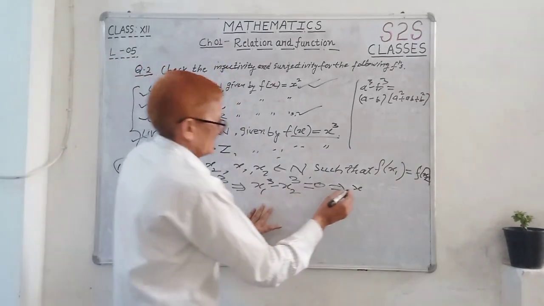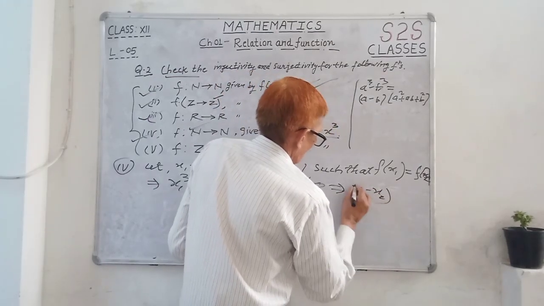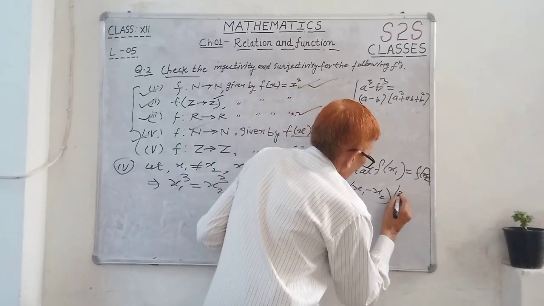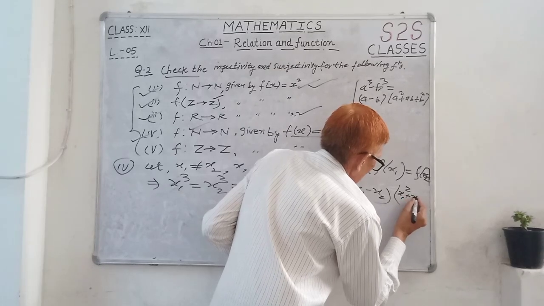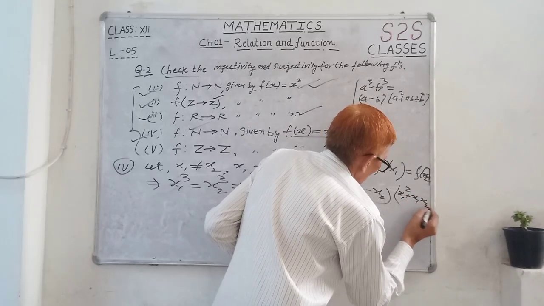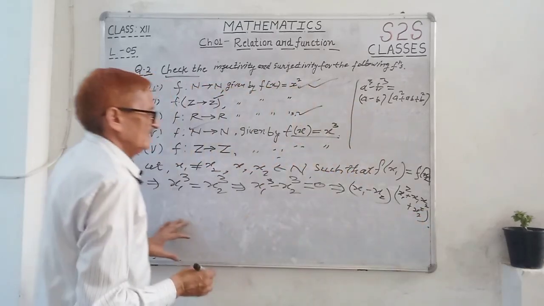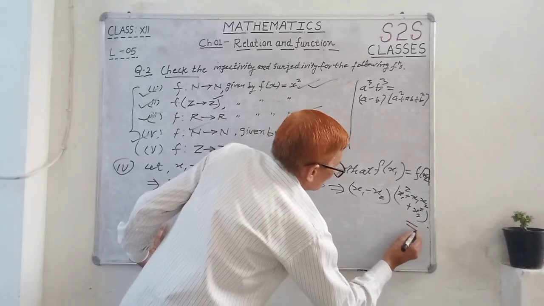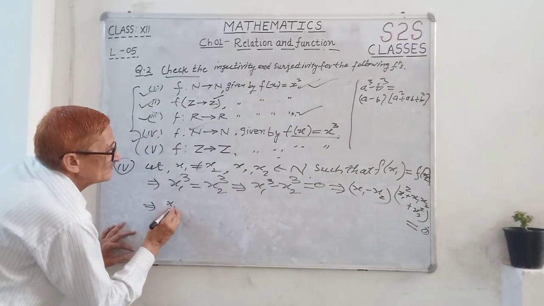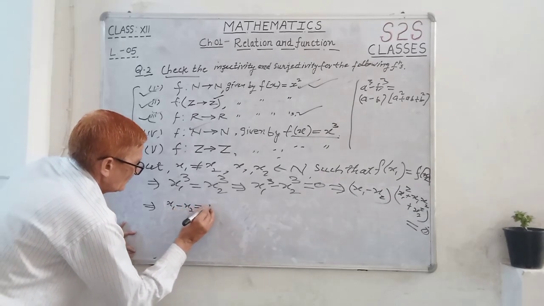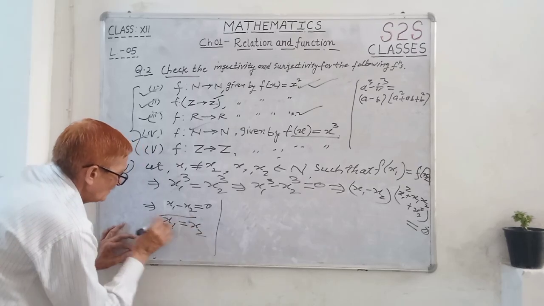Now writing the factors of this, x1 minus x2 into x1 square plus x1 x2 plus x2 square. Then this factor is equal to 0 and that factor equal to 0. So for each factor equal to 0, x1 minus x2 equal to 0 gives x1 is equal to x2.